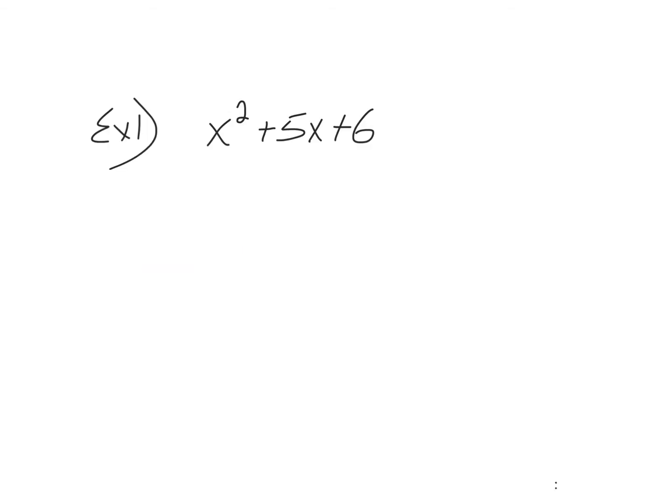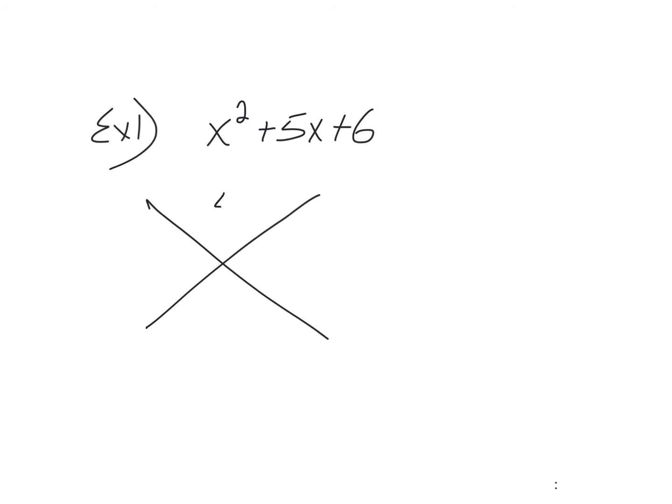All right, so in this first example, we have x squared plus 5x plus 6. All right. So this is our trinomial, and we're looking for the two binomial factors that gave us this trinomial. So we're going to play the X game here. All right, so we have the X. The number that we're going to find at the top is the b, the 5.